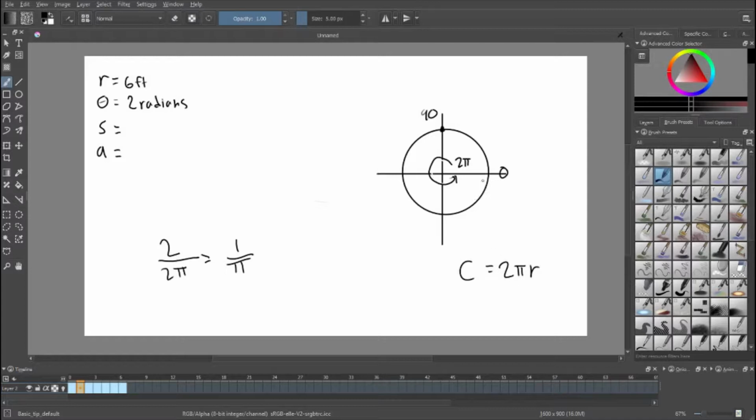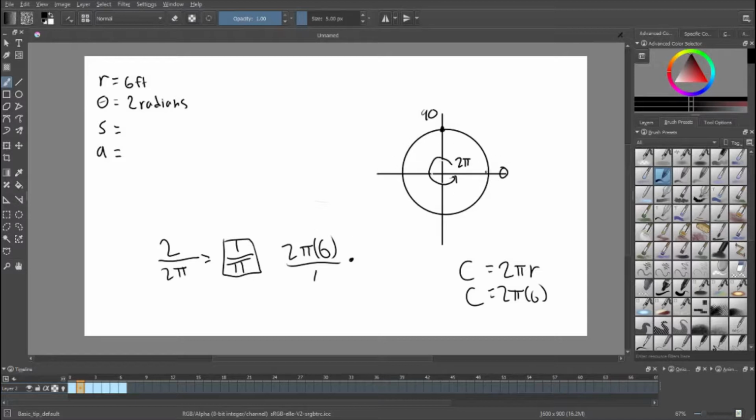So we plug it in and we get 6 pi. So we still have to multiply it by this number because this is the whole circumference.